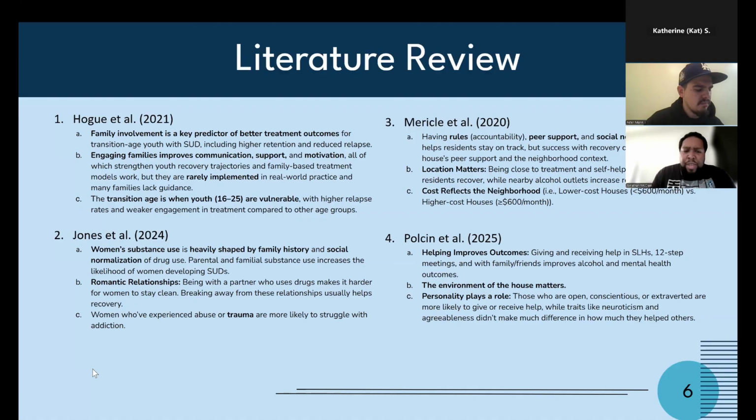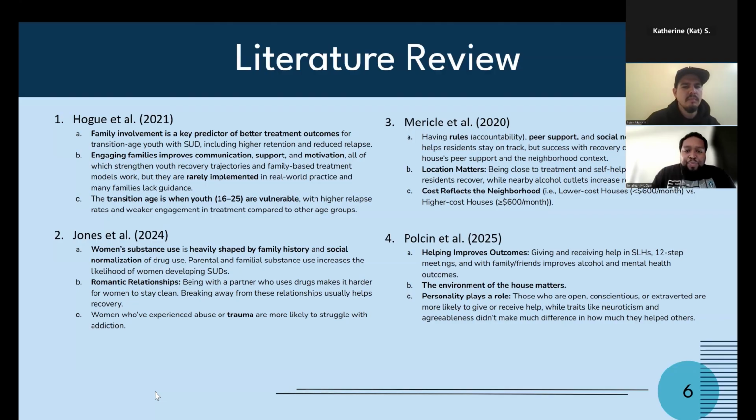In another article that we had, women's substance abuse is heavily shaped by family history and social normalization of drug use. Parental and familial substance use increases the likelihood of women developing substance use disorders. Romantic relationships: being with a partner who uses drugs makes it harder for women to stay clean. Breaking away from these relationships usually helps recovery. Women who've experienced abuse and trauma are more likely to struggle with addiction.